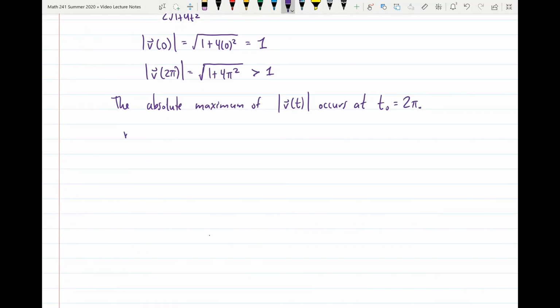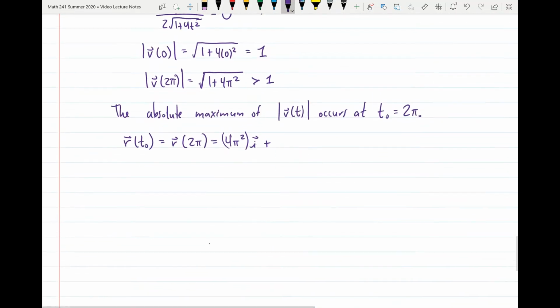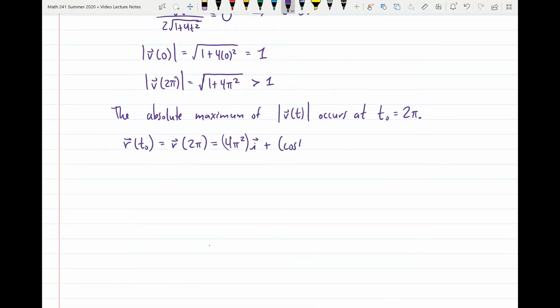So we're going to take this t naught and plug it back into our function giving the position of the particle. And this is going to be r of 2 pi, which is equal to 4 pi squared i plus, I think cosine comes first if I remember. Yes, so cosine is going to come first. So we have cosine of 2 pi j plus sine of 2 pi k.